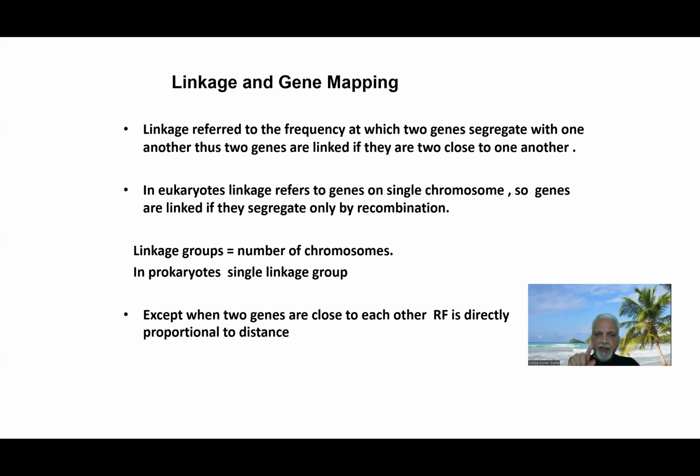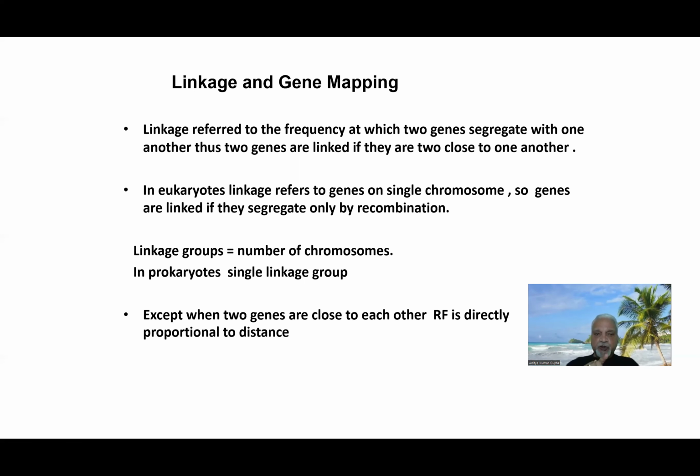Similarly, in prokaryotes you have only a single circular chromosome. It means you have only a single linkage group. In eukaryotes, you have as many linkage groups as the number of chromosomes an organism has. So in prokaryotes, since there is a single circular chromosome, you have only a single linkage group.